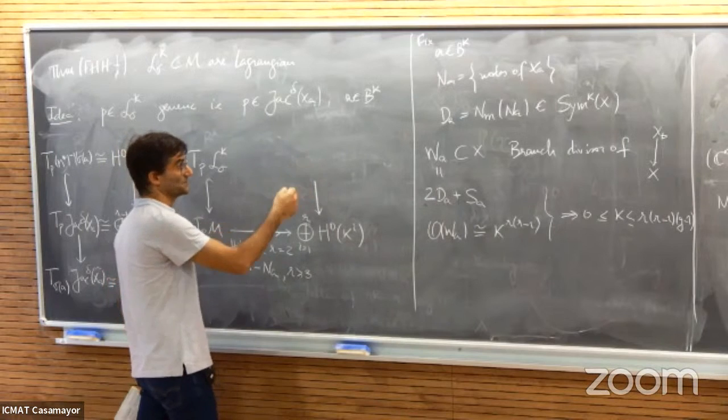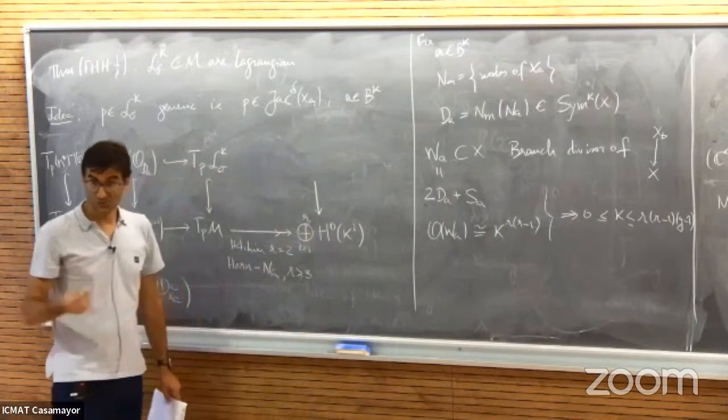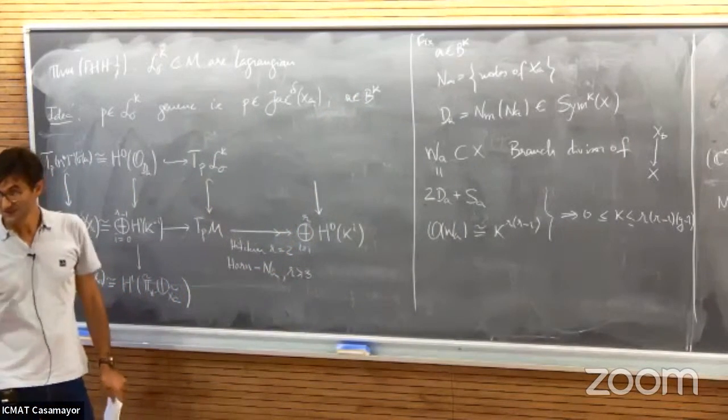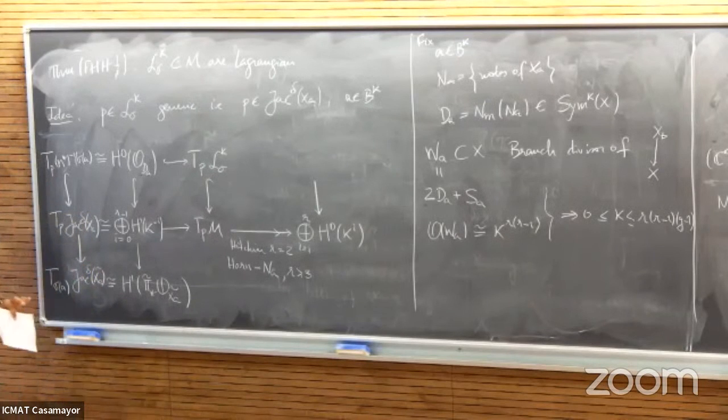So here we want a tangent space, and these correspond to equisingular deformations which preserve the singularities.